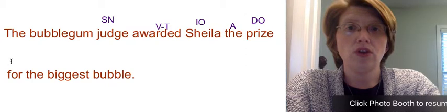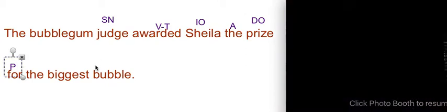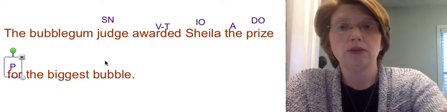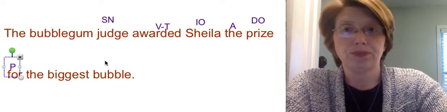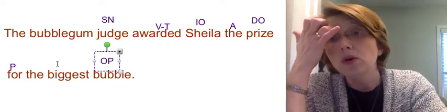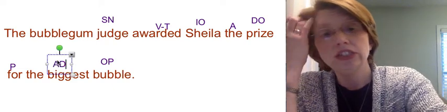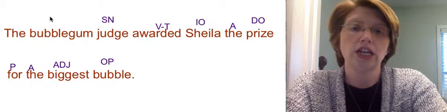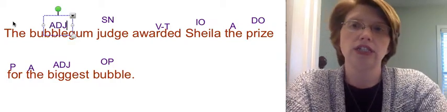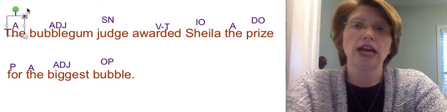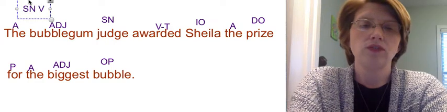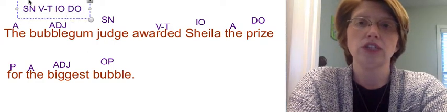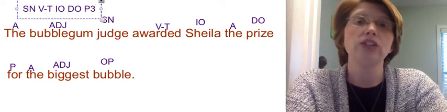For, preposition. For what? Bubble, object of the preposition. What kind of bubble? Biggest, adjective. The, article, adjective. What kind of judge? Bubblegum, adjective. The, article, adjective. Subject, noun, verb, transitive, indirect object, direct object, pattern 3, check.